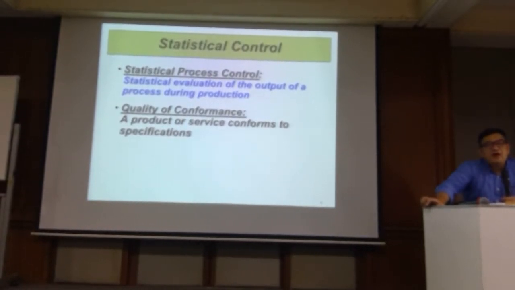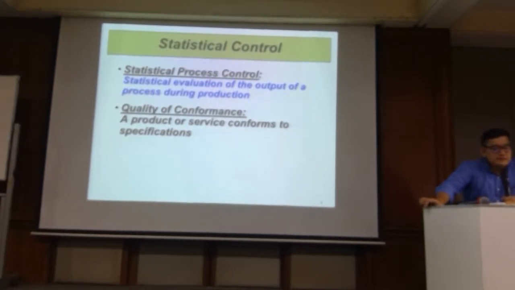All the variation that does not come from natural variation, we don't want it. So in statistical process control, we use statistical methods to evaluate that process and see whether or not we have variation that does not come from natural variation.